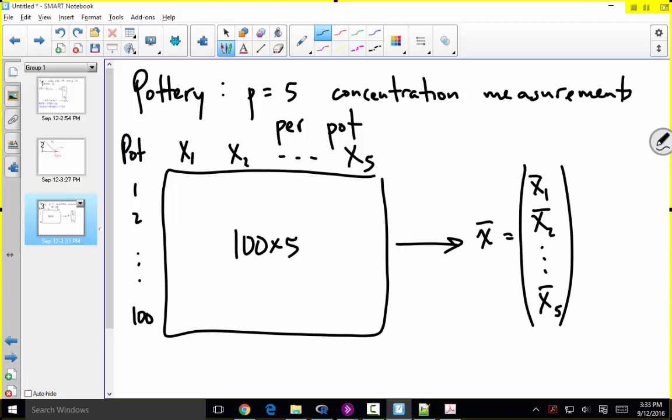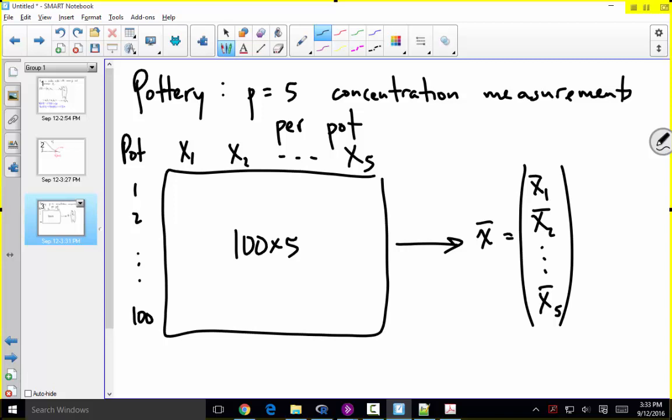I saw 5 numbers. Now, if you went and did it again, you sample 100 pots randomly from the whole population, you would replicate this entire picture. You would have your own X bar. If somebody else did it, they'd have their own X bar. So repeatedly sampling from the population, just like we did the one time, 100 pots, you would see variation in your estimate.